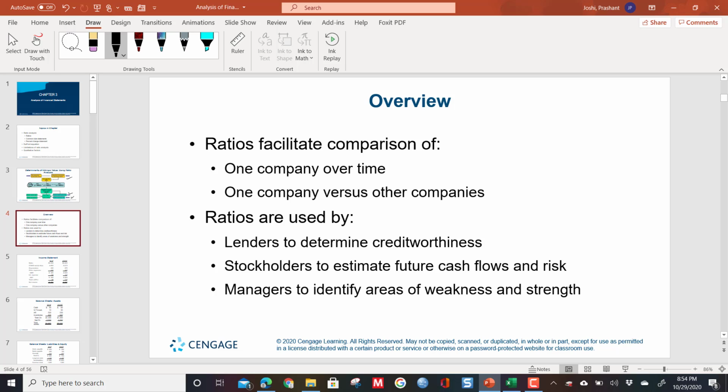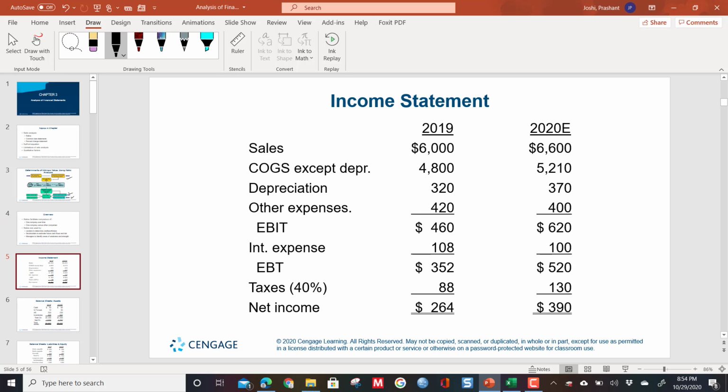So we talked about the advantages of ratios, and let's begin with the financial statements, which include an income statement. This is the company's income statement for the year 2019, and 2020 is an estimated value.